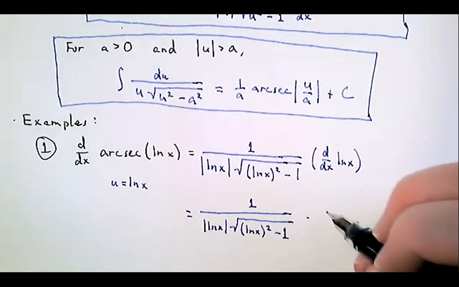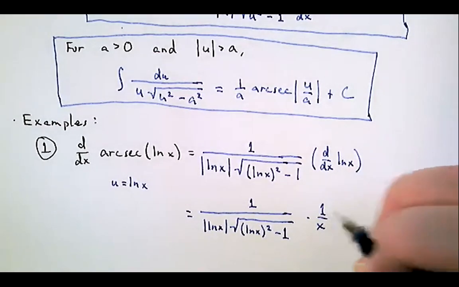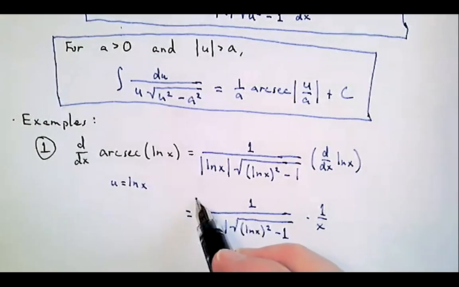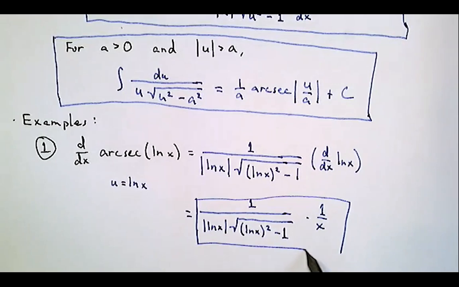And the whole thing gets multiplied by 1 over x, which came from the inner derivative. Okay, good. So that's how the rule works. Any questions over the derivative?